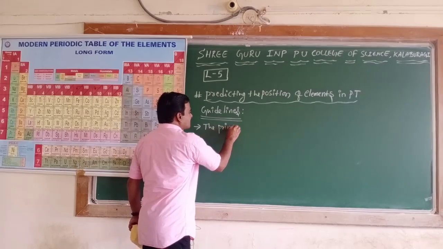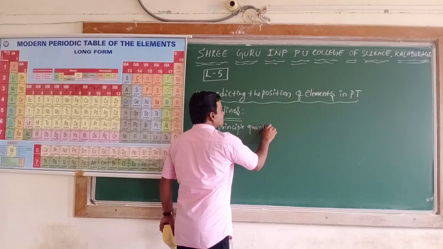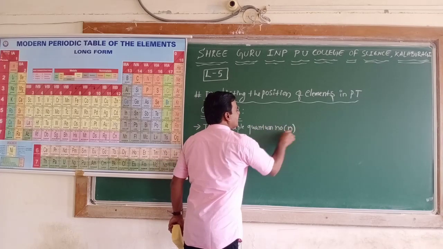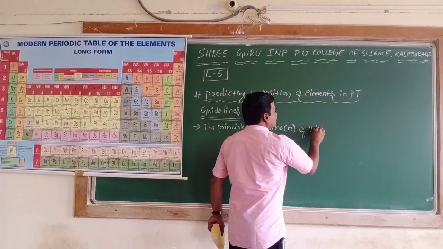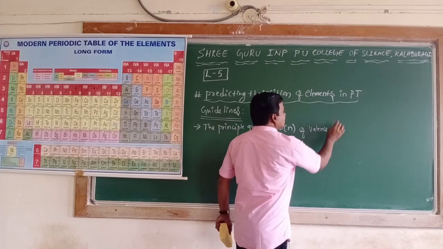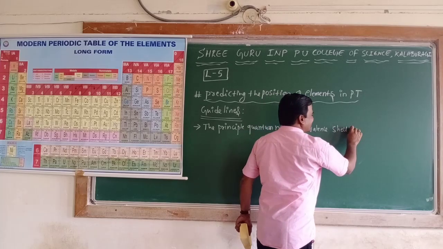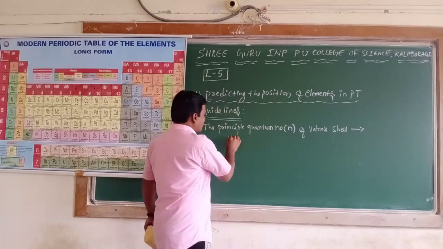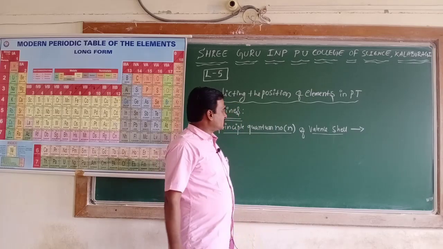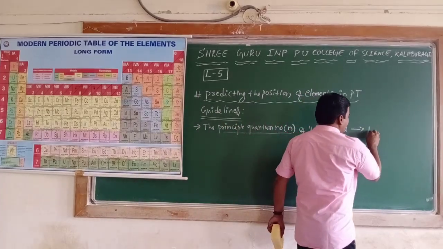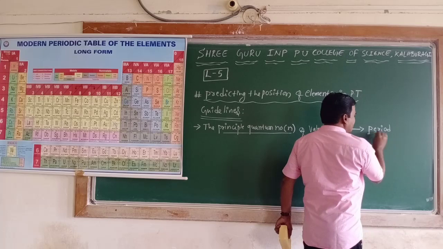The principal quantum number indicated by n. The principal quantum number n of the valence shell will represent the period of the element.